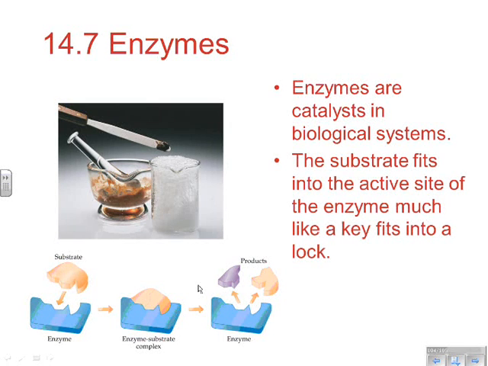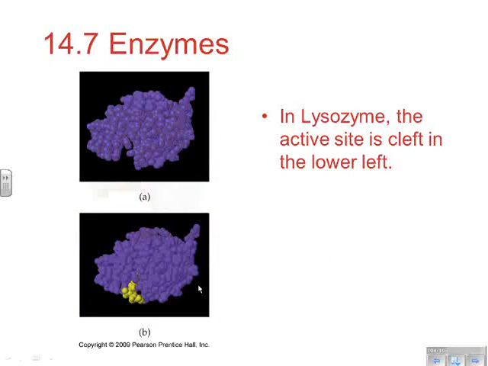What's happening here is the substrate fits into the active site of the enzyme, much like a key fits into a lock, and it helps orient that molecule to give it a better orientation for a more successful reaction to occur. An example of that would be lysozyme, and the active site is this little cleft here in this area.